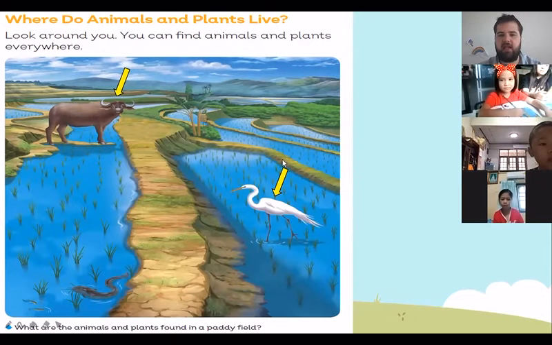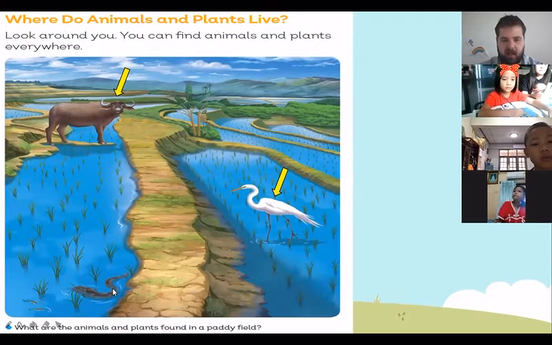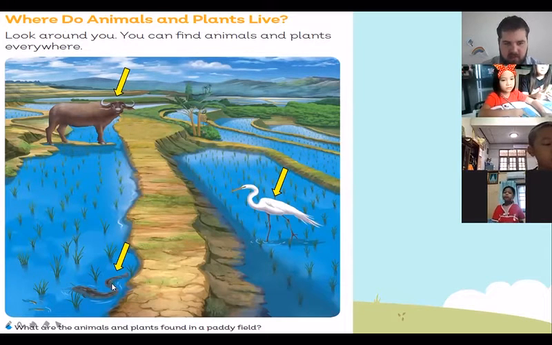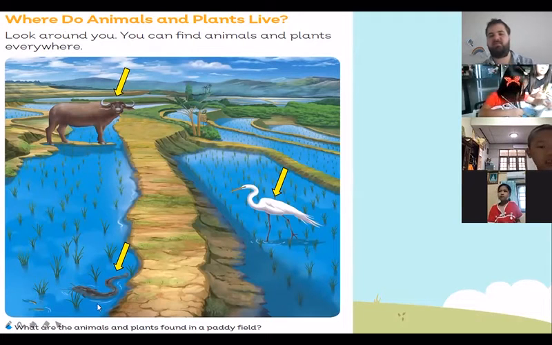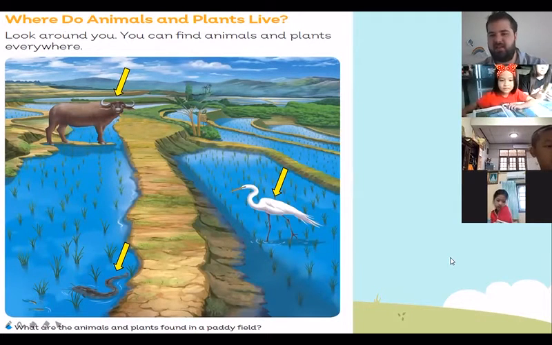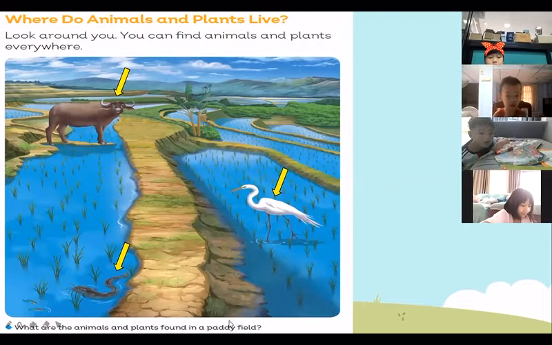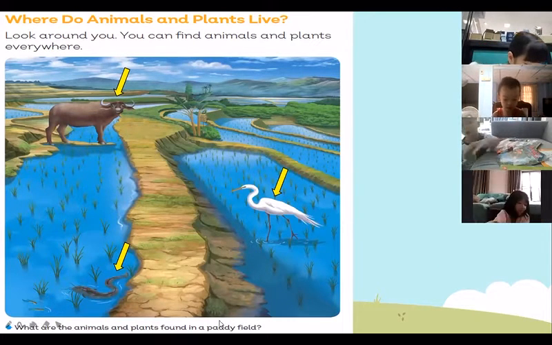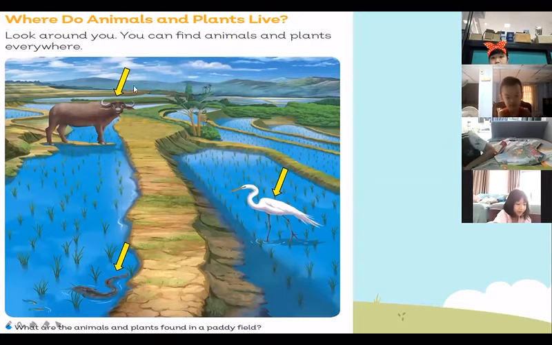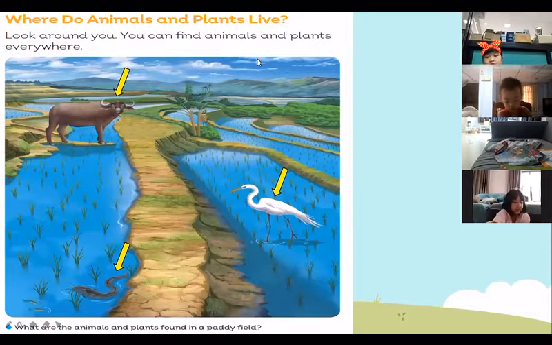Then we have a stork. And we all should know this one. What's this one in the water? Yes. Snake. Very good. Okay, so in our paddy field, we have the buffalo, stork, and snake.